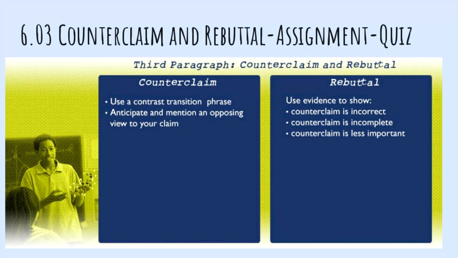For that, you want to use a contrast transition phrase, anticipate and mention an opposing view to your claim, and then rebuttal: counterclaim is incorrect, counterclaim is incomplete, or counterclaim is less important. So the third paragraph, and this is what 6.03 is about, is a counterclaim and rebuttal.